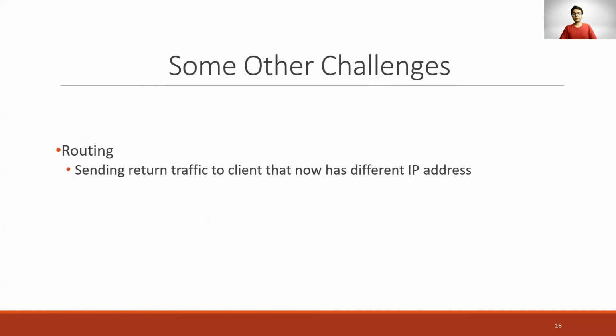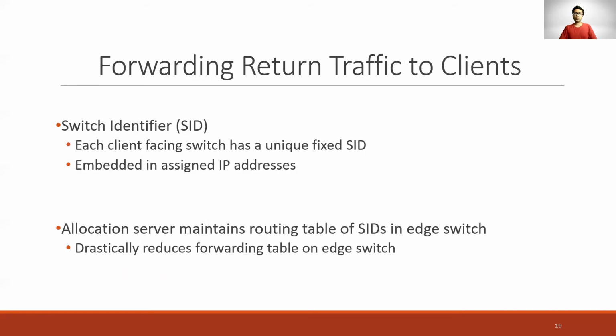The other challenge we face is the routing challenge. To solve this, we assign a switch identifier to each client-facing switch. Each switch has a unique and fixed SID, which is embedded in the IP addresses assigned to its clients.